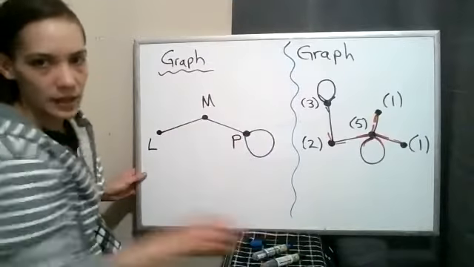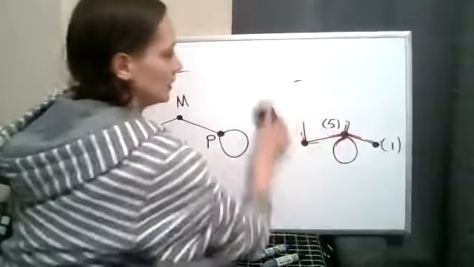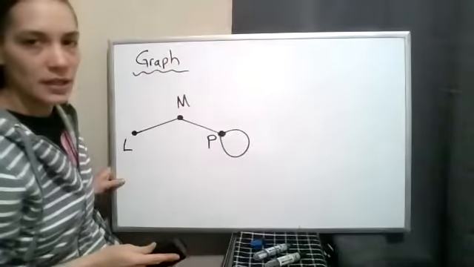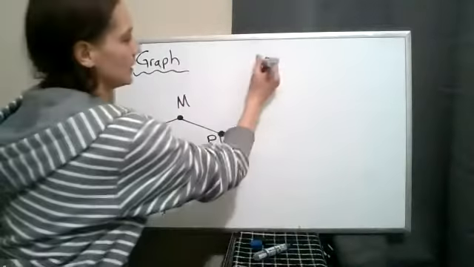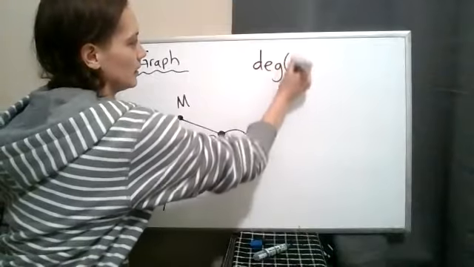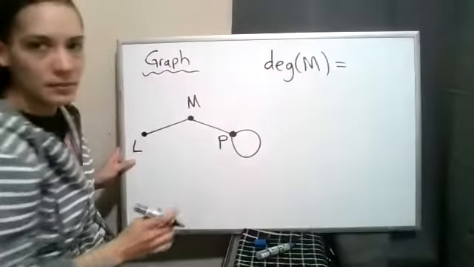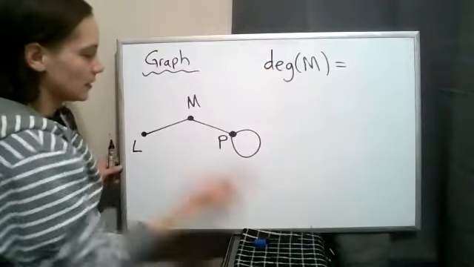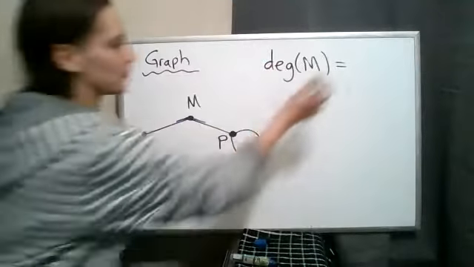So we want to talk about some notation. We're going to say degree M like this, and then find the degree. So this one has 2 connections, so its degree is 2.